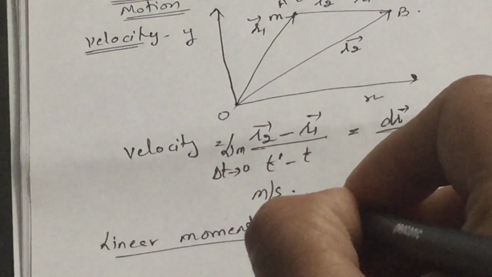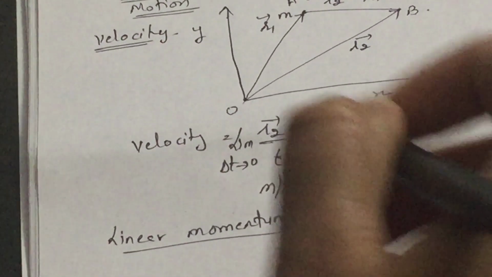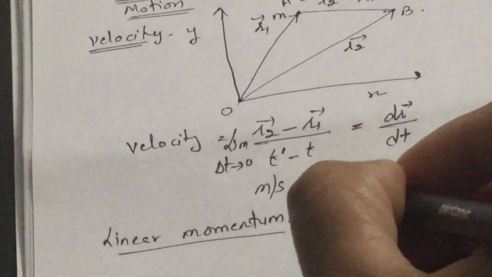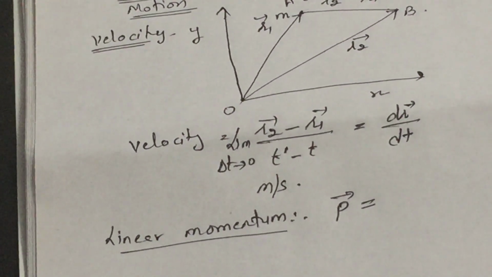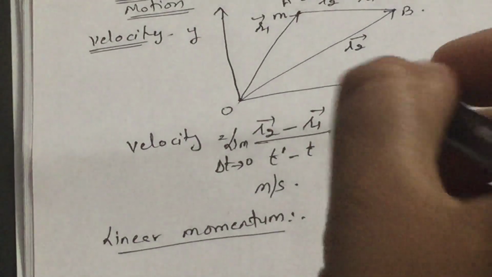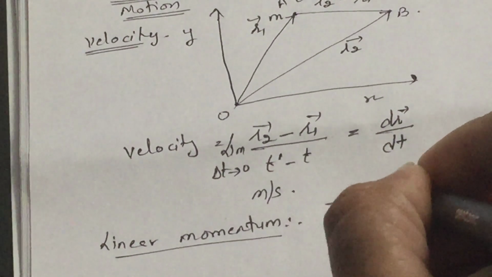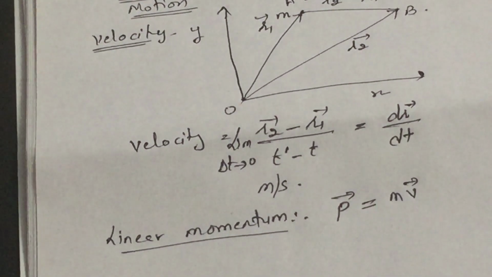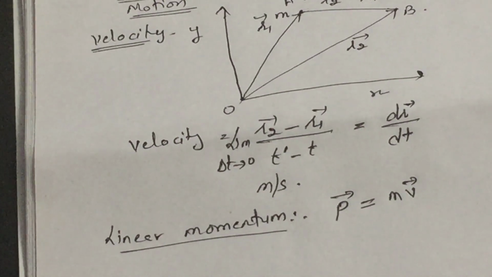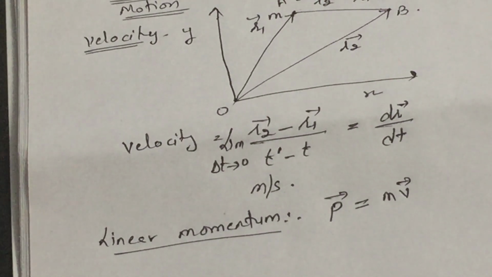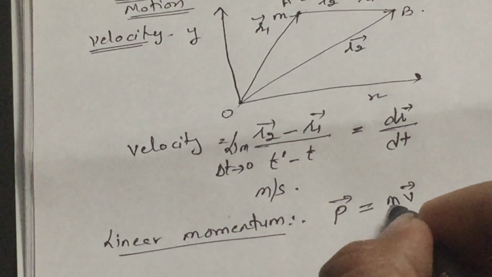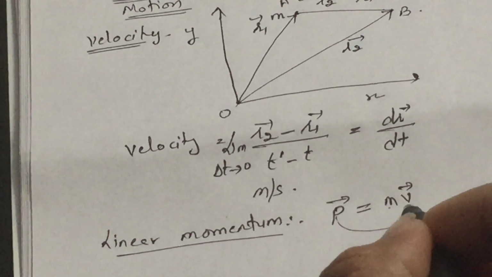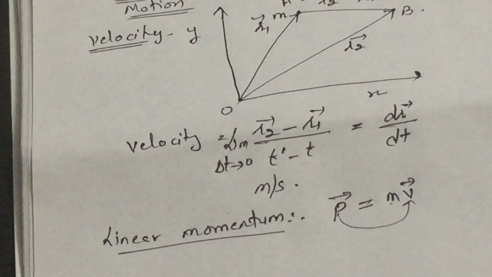The linear momentum is indicated by p, and it is a vector quantity, and it is in the direction of velocity. Linear momentum is the study of motion of the particle, and it is calculated by the formula p is equal to mass into velocity. As m is a scalar quantity, it means p is in the direction of the velocity vector.